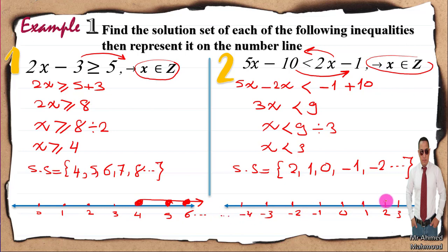Okay, I have 2, 1, 0, negative 1, negative 2, negative 3, negative 4, and I'm going to connect them by a straight line like this in this direction.